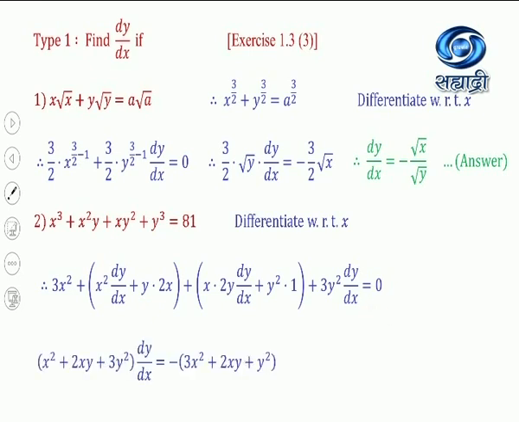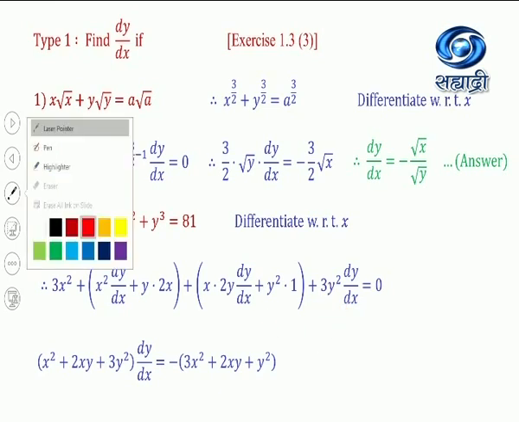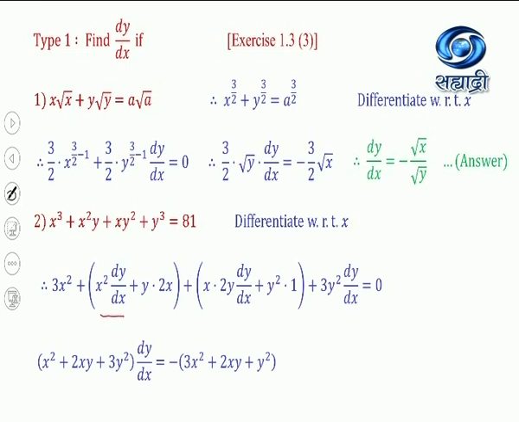Now here I write x square plus 2xy plus 3y square into dy by dx. That means we consider this term and this term as well as this term. Now we take dy by dx as common from such terms, like first term, this is second term, and this is third term.